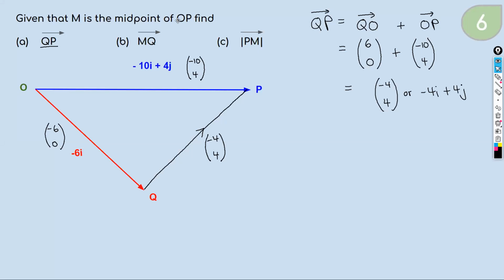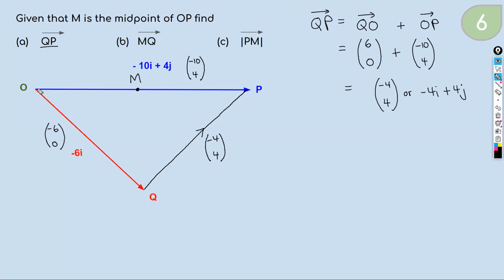All right, so let's work out the next part, MQ. Now, they said that M is the midpoint of OP. So you just have to approximate where M is. Now, last week I showed you that whenever you're trying to find the midpoint, the middle, halfway, it has to do something with dividing by 2, right?